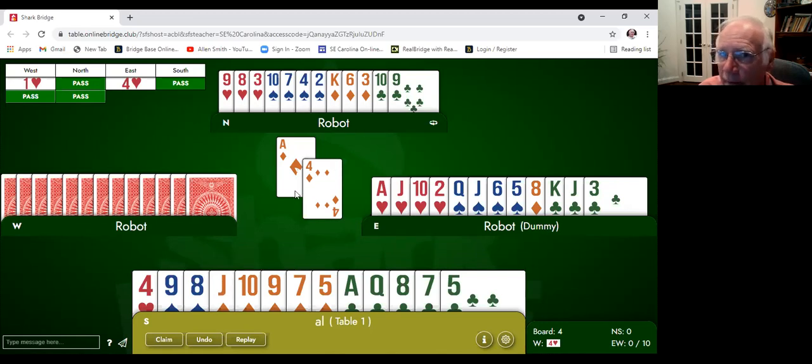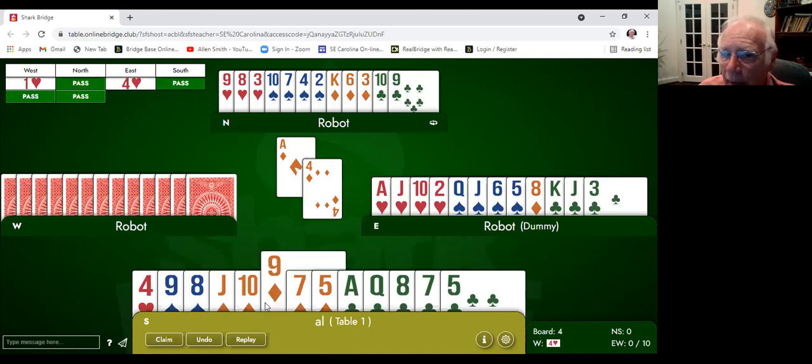The ace will signify they have the king. But if they had the ace, king, queen, they would have played the queen to begin with. So we don't want to have the suit continue.